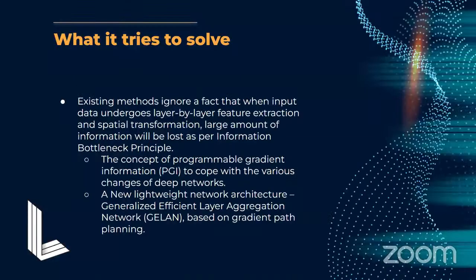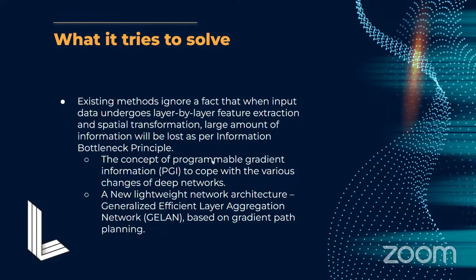So yeah, what's the problem that YOLOv9 is trying to solve? In the existing methods, we see that when the information is passed from layer to layer, things like spatial transformation, etc., cause the information to be lost. That's defined by the information bottleneck principle.